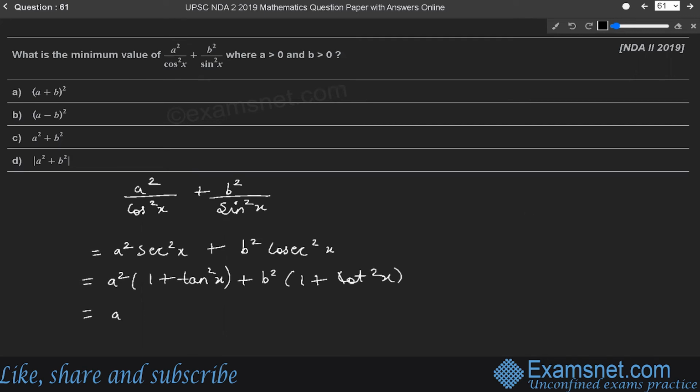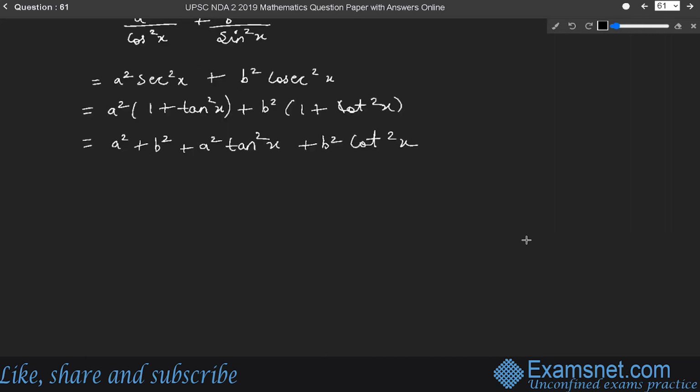So this will be equal to a square plus b square plus a square into tan square x plus b square into cot square x. Since we know that a square plus b square plus 2ab is a plus b whole square, therefore it will be equal to a plus b whole square, and a square into tan square x plus b square into cot square x is greater than or equal to 2ab.